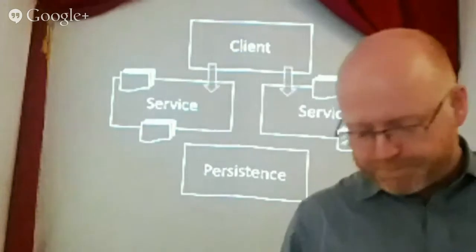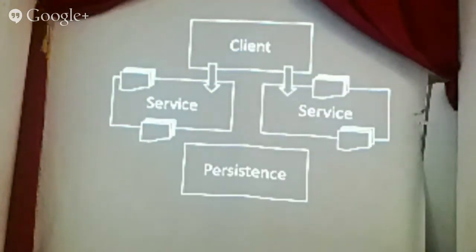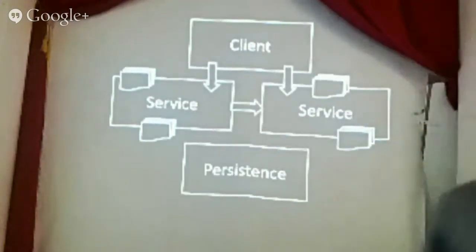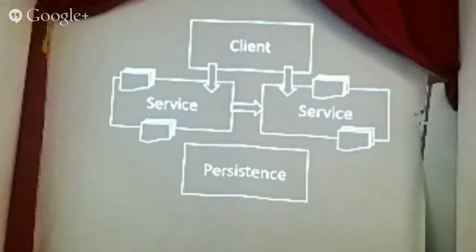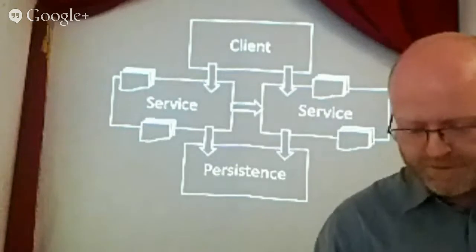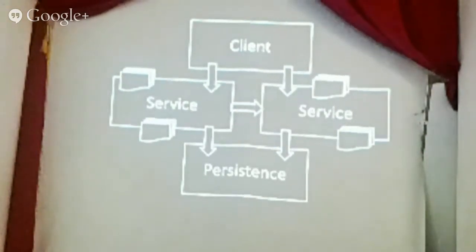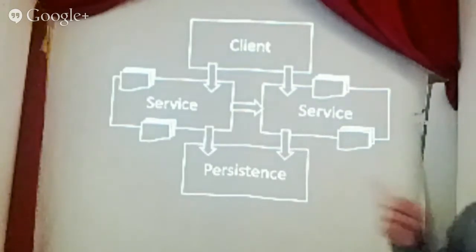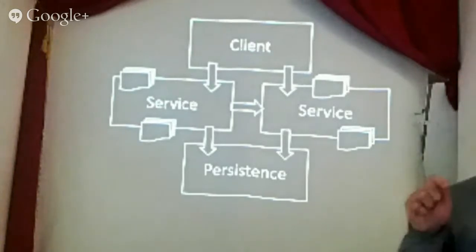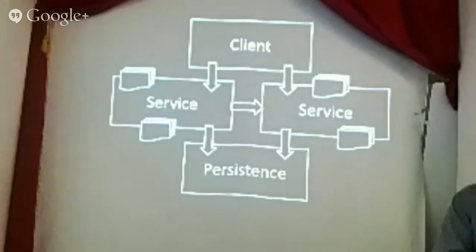But again, the dependency direction tends to be clients need to know about services. Services tend to need to know about each other, and services again seem to have this obsession with persistence. So there's a lot of arrows in this presentation, and the ones at the beginning were all about information flow, so data flow between parts of your system.